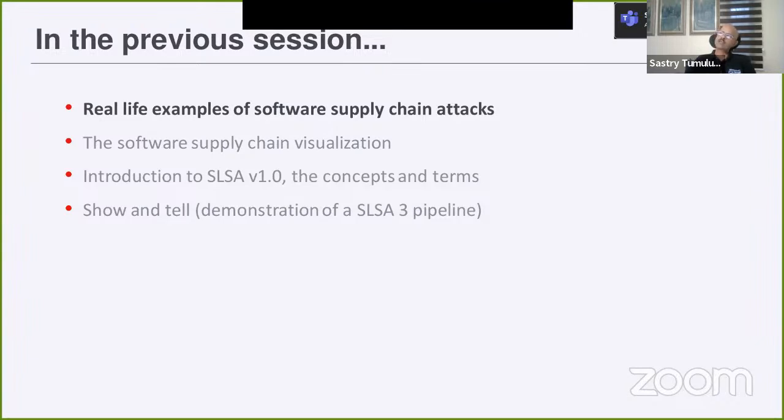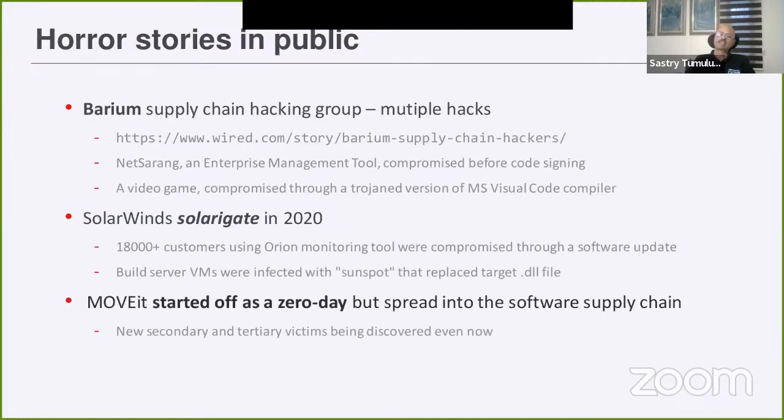In the last session, we started with real-life examples of software supply chain attacks. For example, we talked about the Barium supply chain hacking group. We talked about one or two of their hacks. We talked about SolarWinds, one of the most famous recent hacks.